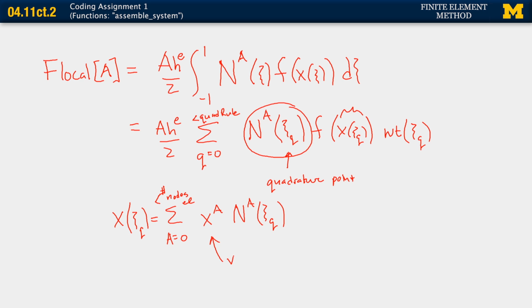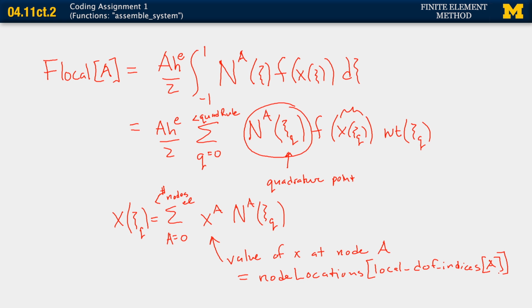This is the value of x at node A, which we can get from node locations. But remember, A is a local node number. Node locations requires a global node number, and so to convert, we use the local DOF indices of node A.